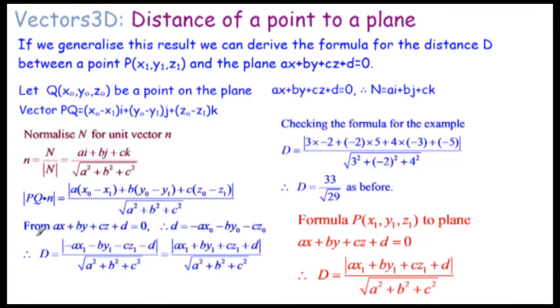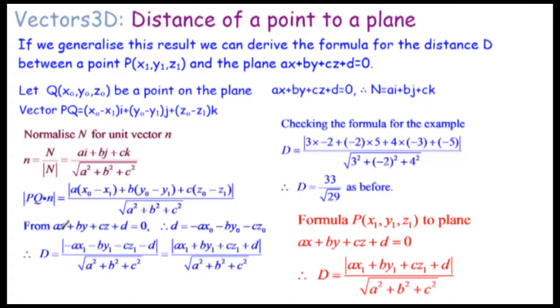I moved these terms across to the other side because when I expand this out, I'm going to get an ax0, by0, and a cz0. That would give me negative d. I suppose you can just see it's negative d, so I could put that straight in if you wanted to.